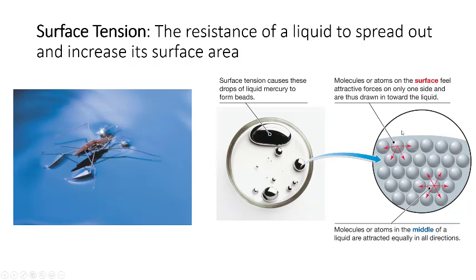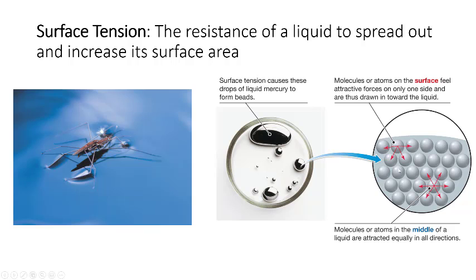So what we get here, again, if we talk about summing together all of these vectors of intermolecular force interactions, we can see that our left and right forces cancel each other out, but there's no net vector going upwards to cancel our vectors going downward.